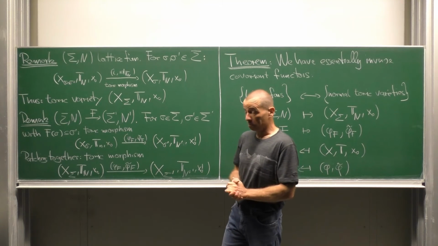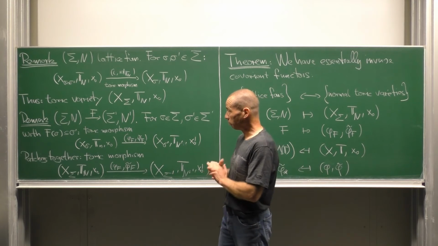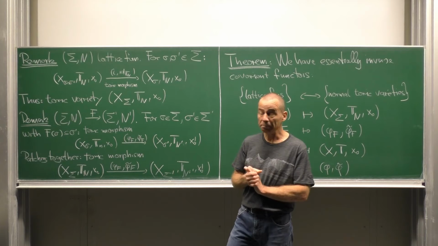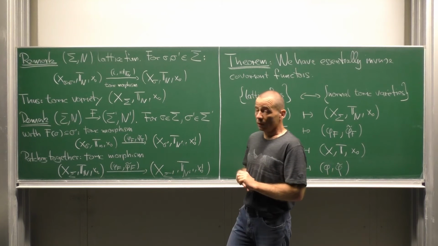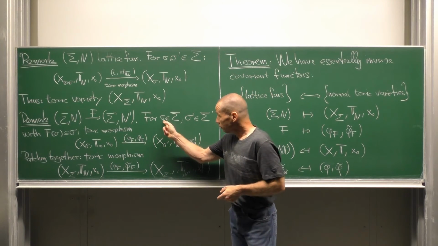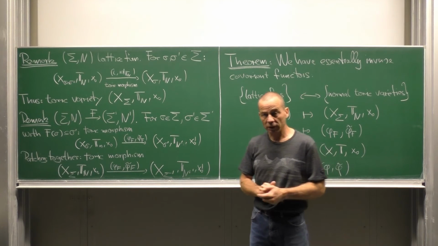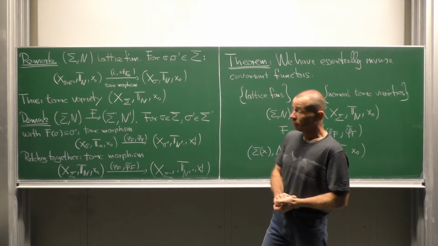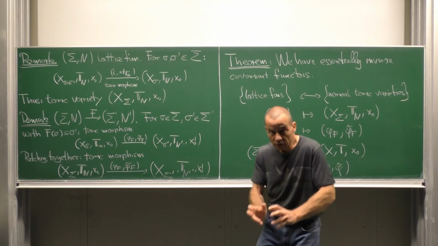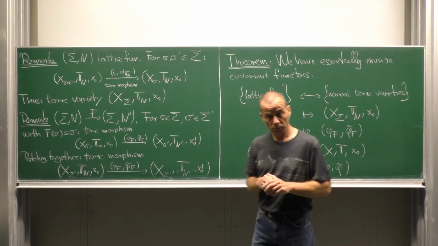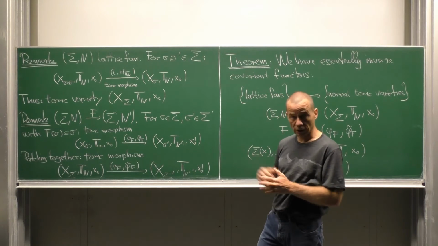The next thing are maps. Given a map of lattice fans, Σ and Σ', then this means whenever we have a cone σ in Σ and also σ' in Σ', such that f maps σ into σ', then this gives us a toric morphism of affine toric varieties.